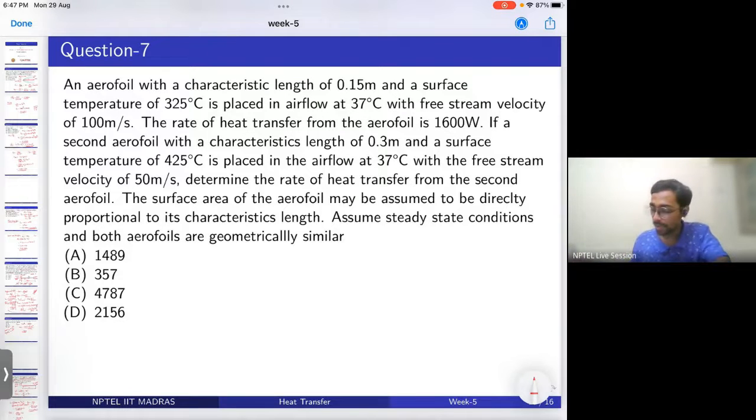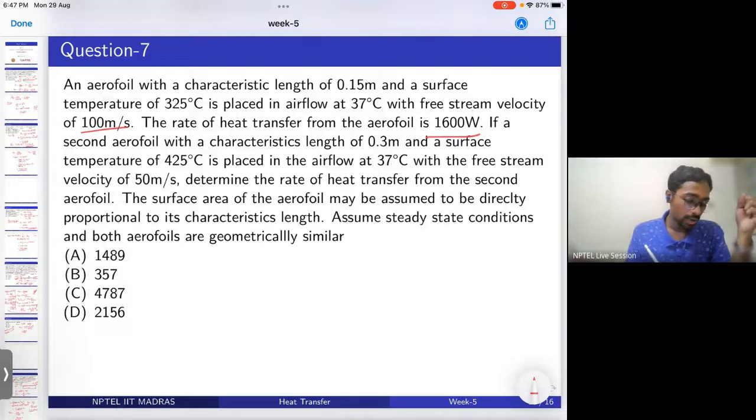An aerofoil with a characteristic length of 0.15 meter and a surface temperature of 325 degrees Celsius is placed in air at 35 degrees Celsius with a free stream velocity of 100 meters per second. The rate of heat transfer from the aerofoil is found to be 1600 watts.